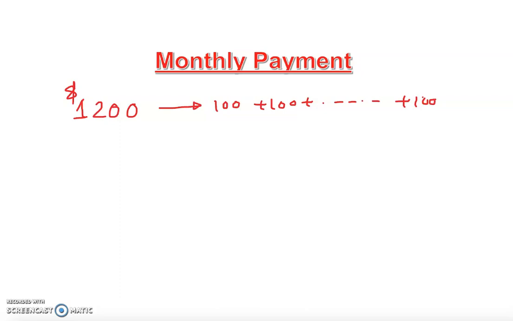So you are actually paying 12 times 100, which would be $1,200. Or you can just divide 1,200 by 12, which would also give you 100 each month.